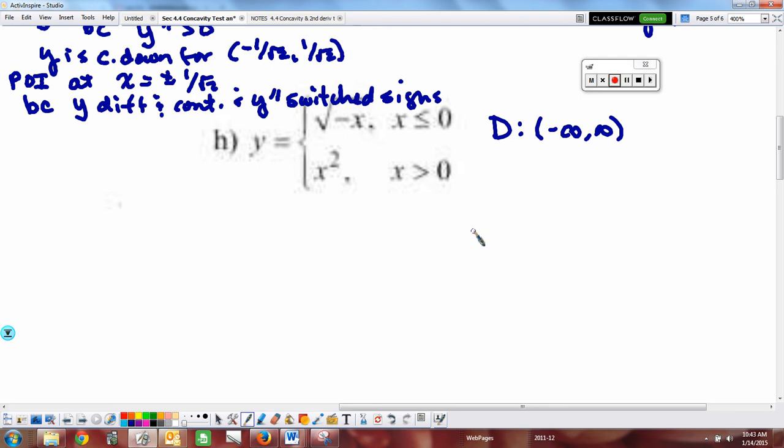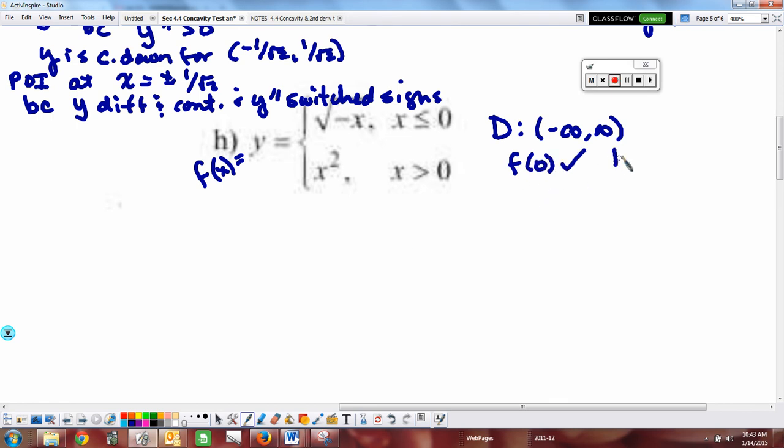We might want to think about whether this function is continuous. The only place where it might not be continuous is going to be at x equal to 0. Just because I like to use f, I'm going to call this f of x. We know that f of 0 exists.